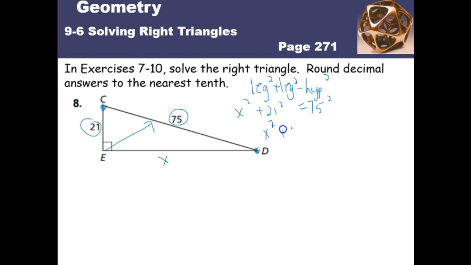So I get x squared plus 441 equals, and then 75 squared is 5625. Okay, but I wrote that wrong. It's 5625.